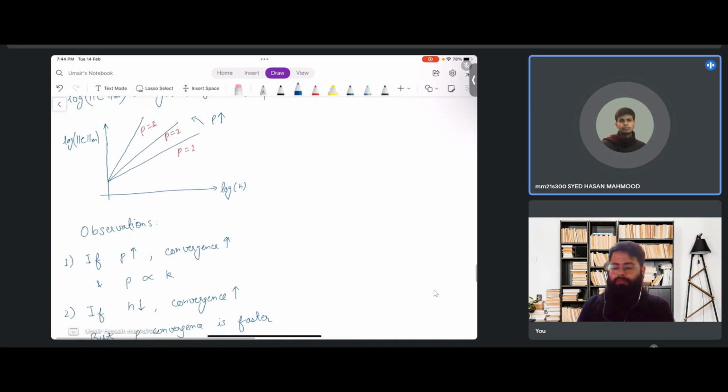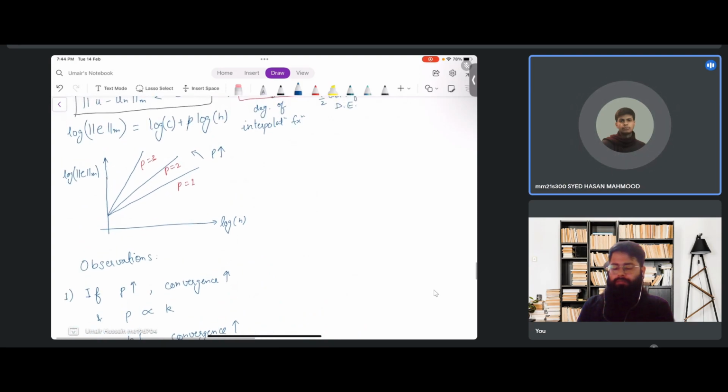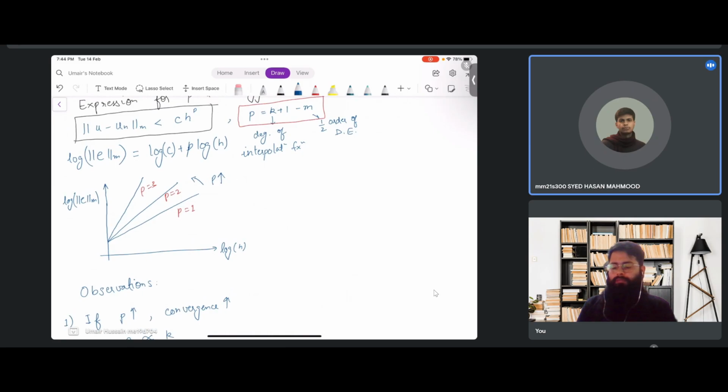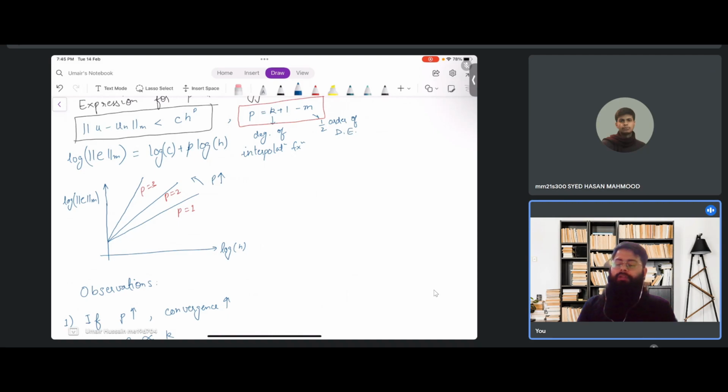P actually denotes the degree of the polynomial, I believe. So if the degree of polynomial chosen is nearer to the exact solution, then that is the reason for fewer iterations, and convergence will be faster. But your exact solution will not always be a polynomial. It can be any random function. Why is p actually causing faster convergence compared to h?